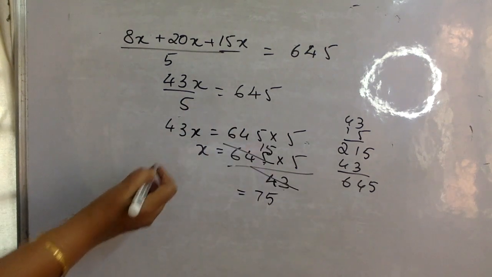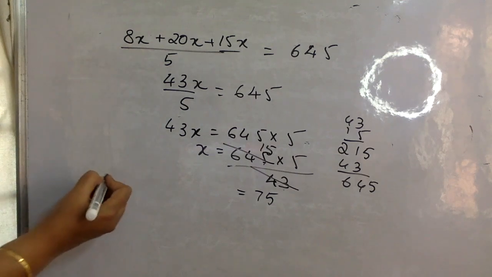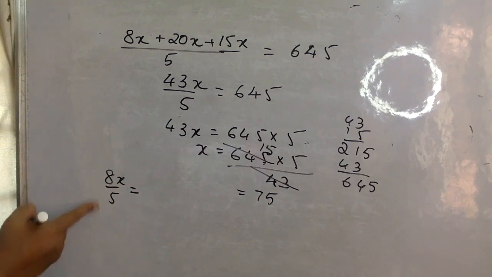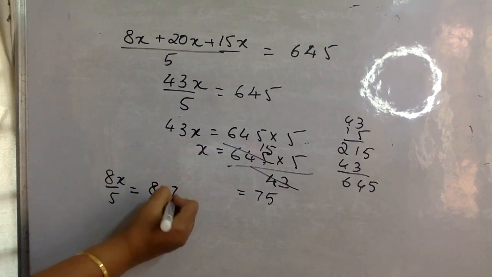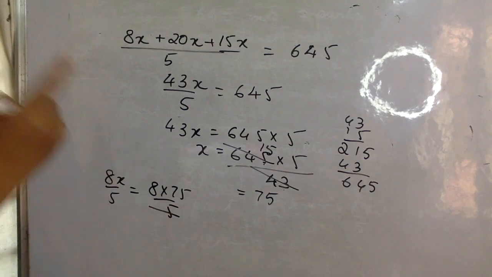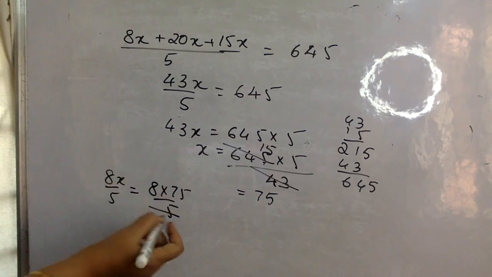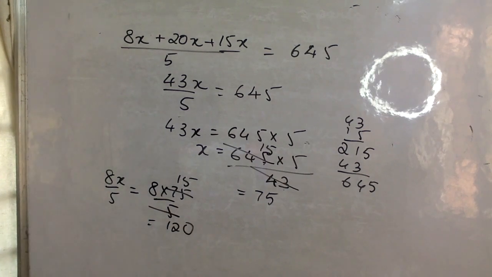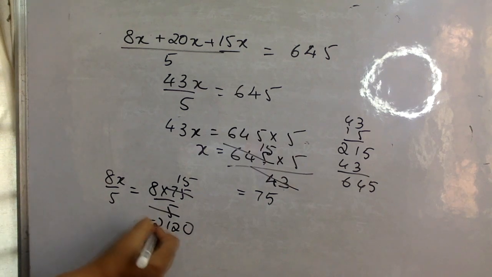If x is 75, the first part, which was 8x by 5, is going to be 8 into 75 by 5. Please don't multiply and land up in trouble. So the first number is 120, rupees 120.